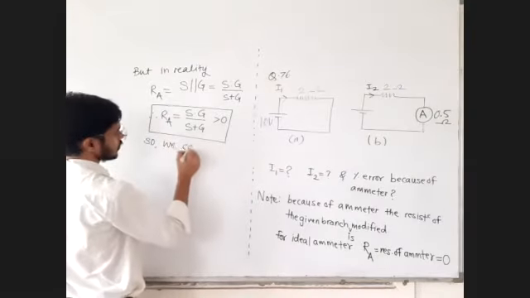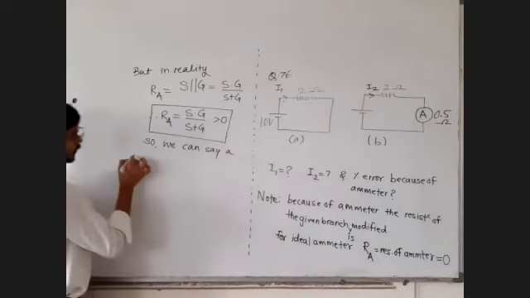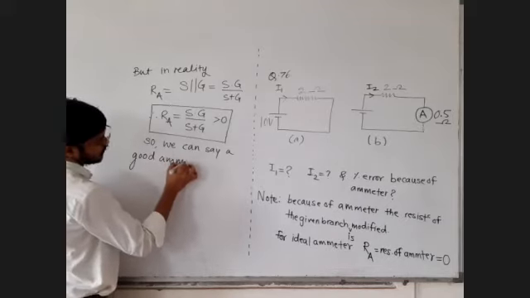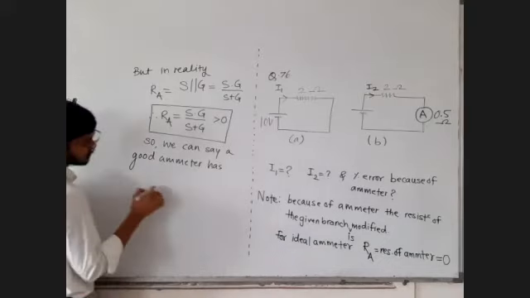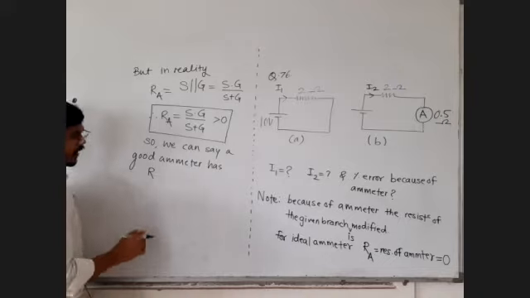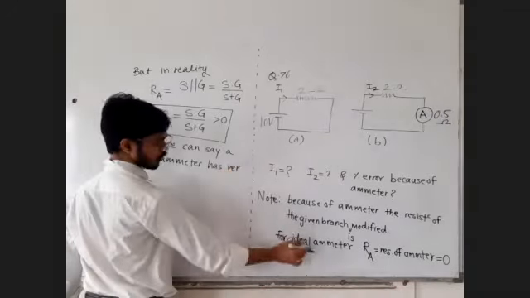we can say a good ammeter has very small resistance, very close to 0.